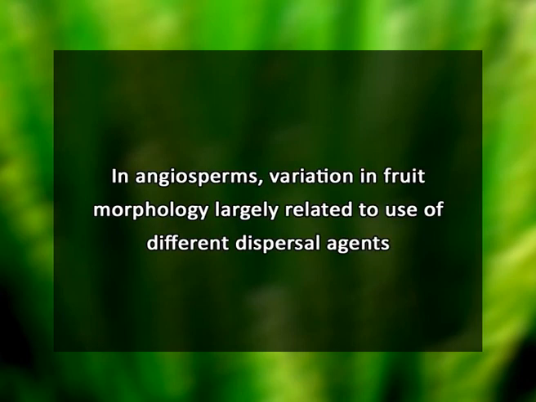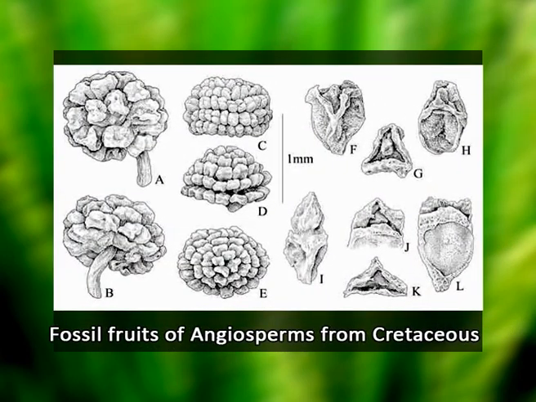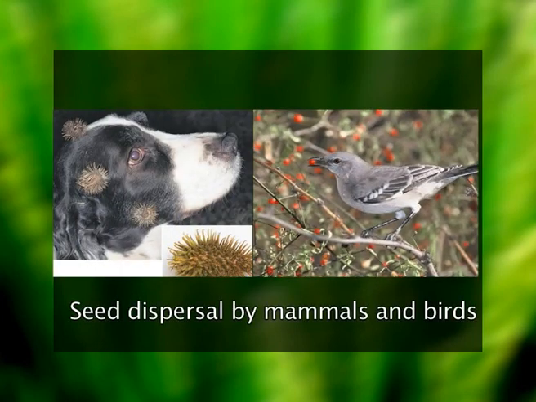In angiosperms, we see the variation in fruit morphology is largely related to the use of different dispersal agents. The fossil fruits and seeds of angiosperms from the Cretaceous era are generally small and little specialized. Therefore, they were little specialized for dispersal by mammals or birds.